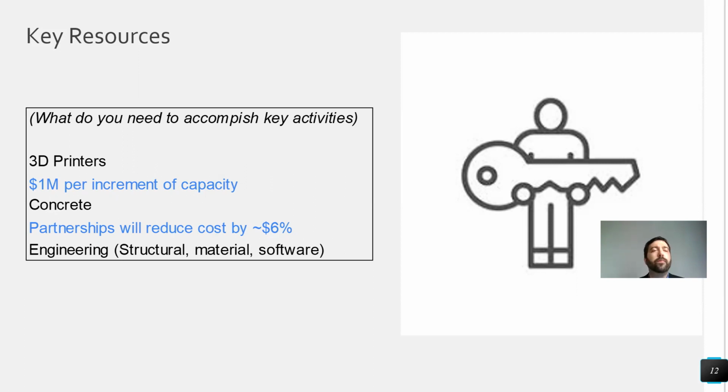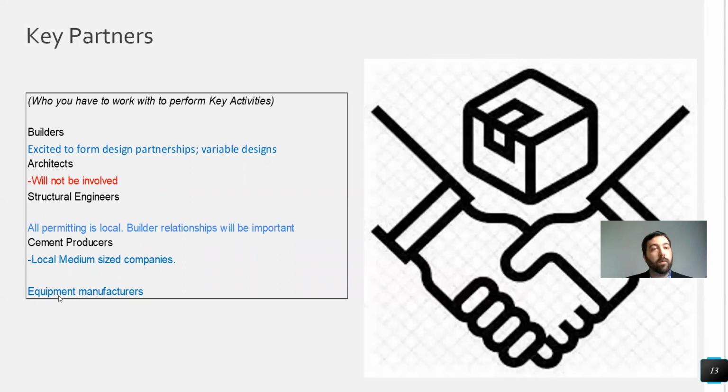And then also, we're going to need to bring in mass volumes of concrete. So we're going to need to identify key partnerships in concrete and develop those. And we think that there's a potential cost savings there as well. And then obviously our personnel, our engineering, is a definite key resource. So as we move through the iterations, initially we did obviously target direct to consumer.